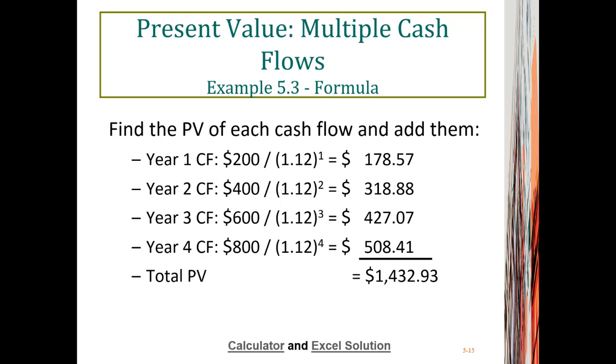For year 2 cash flow, we discount twice, and so on and so forth. For year 3 and fourth year cash flow, we discount 3 times and 4 times. And here we use the discounting mechanism to get present value. And total present value equals the sum of individual present values of every cash flow.